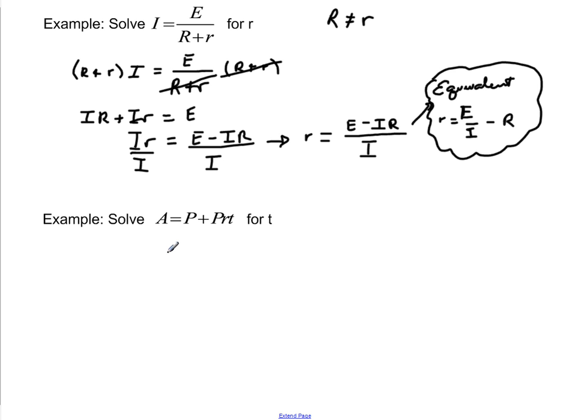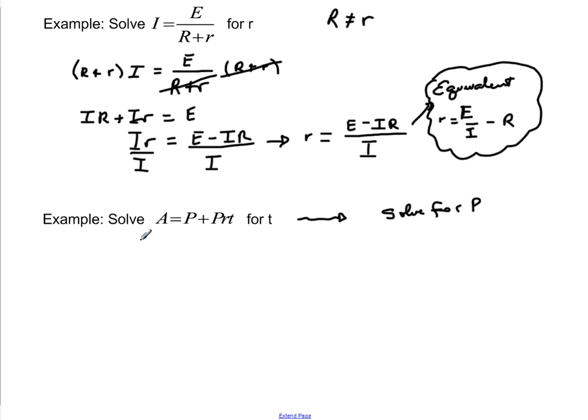All right, how about this one? This one's a little bit more difficult. We've got A equals P plus RT, and we want to solve for T. And you know what? I'm going to do another piece of this where I'm going to solve for P as well. So I'll make that a secondary thing. But if I want to solve for T, what would I do?